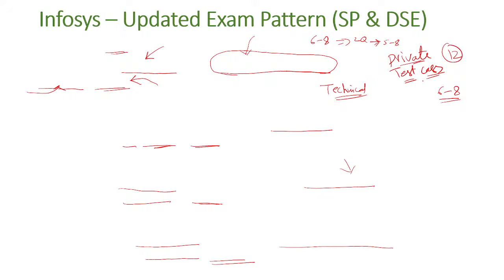If your code passes 6 to 8 test cases and the remaining 4 fail, generally those test cases will be related to edge cases.